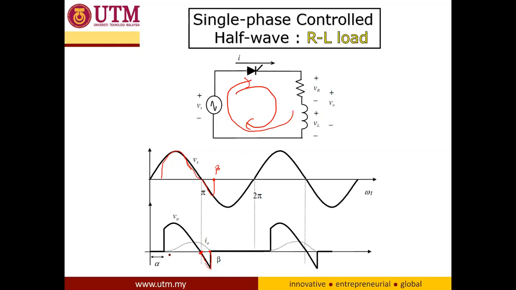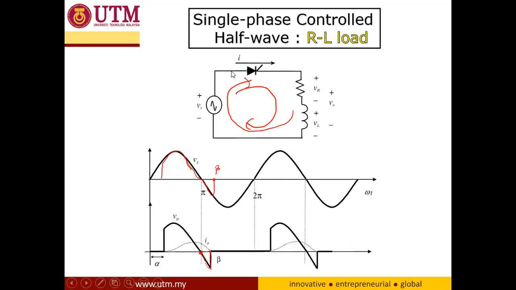As you can see here, the current of the inductor increases slowly, charging, and at this point it starts to discharge until the energy becomes 0. Why does it become 0? When the energy becomes 0, there is no force to keep this SCR on.